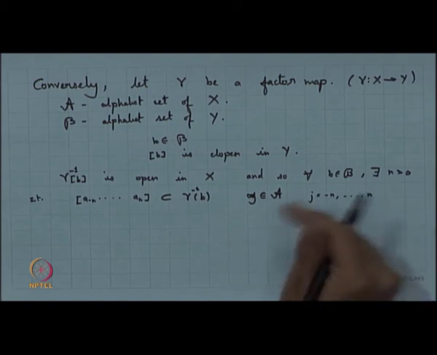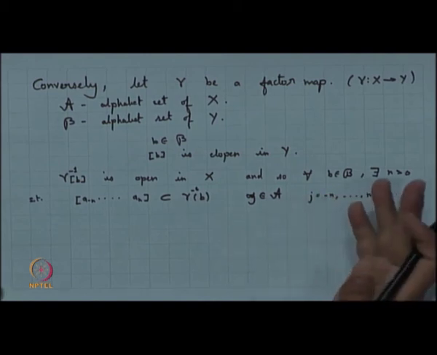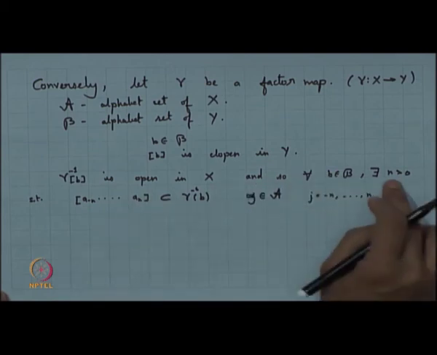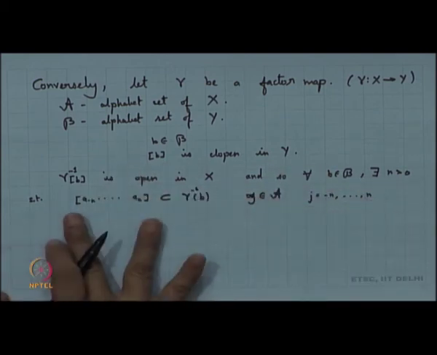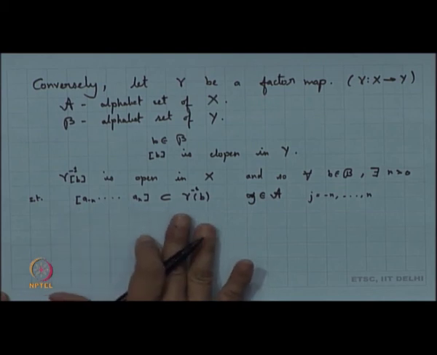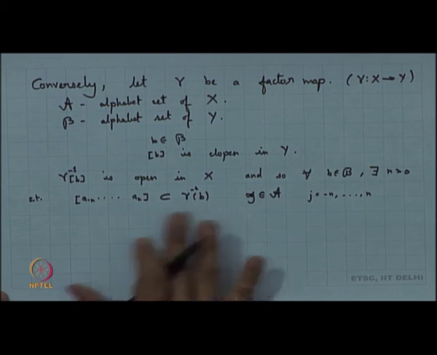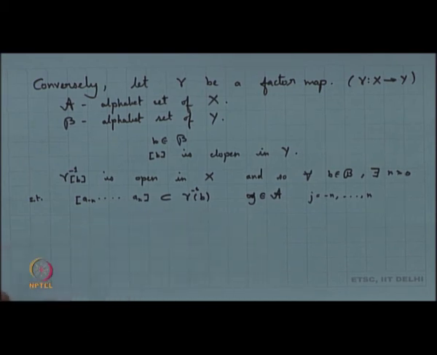Since B is a finite alphabet set, with finitely many letters, we can find some n which is common to all of them such that you have such a cylinder set belonging to gamma inverse b, and each gamma inverse b is open, and also disjoint.